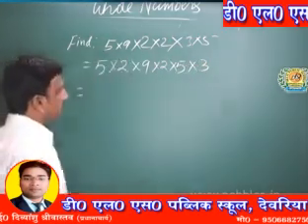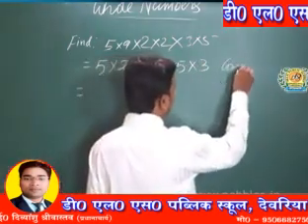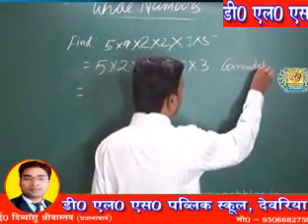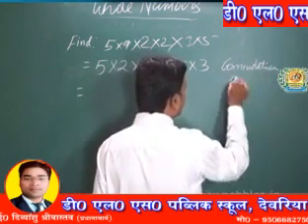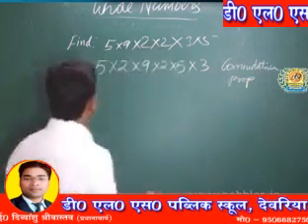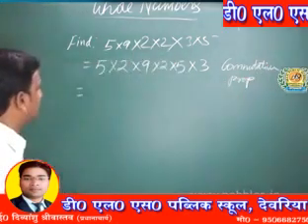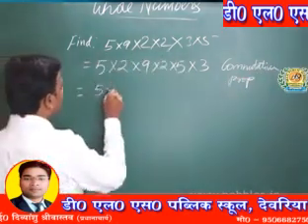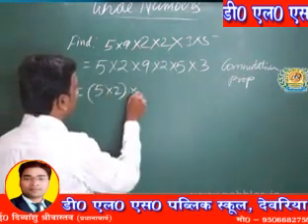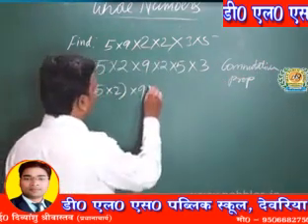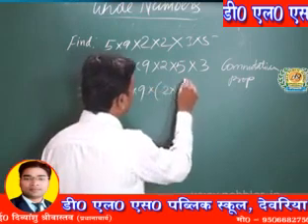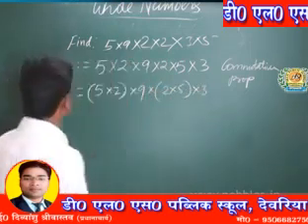So now this is the commutative property. We applied the commutative property here. So now we use the associative property. 5 into 2 into 9 into 2 into 5 into 3.